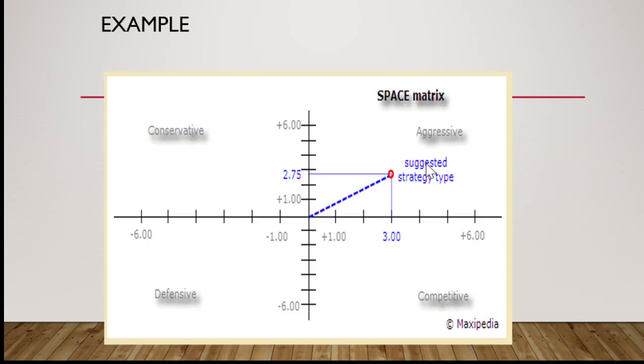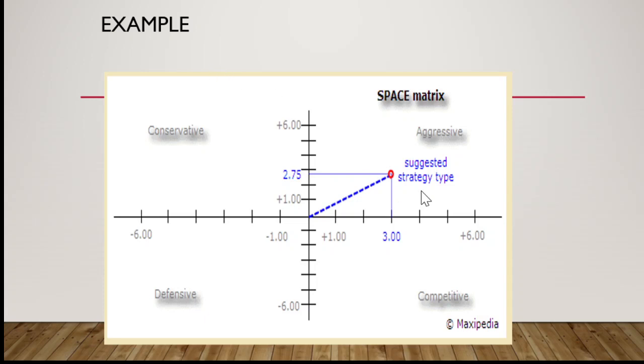So it means that our company has a strong competitive position in the market with rapid growth, and it needs to use its internal strength. Remember, andito yung financial strength natin to develop a market penetration and market development strategy. So this can include product development, integration with other companies, acquisition of competitors, and so on.